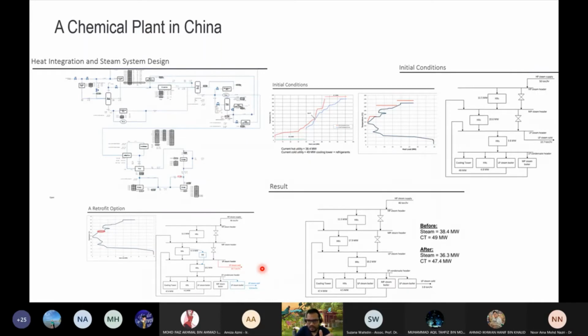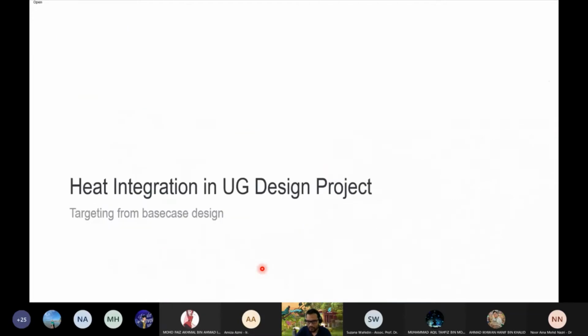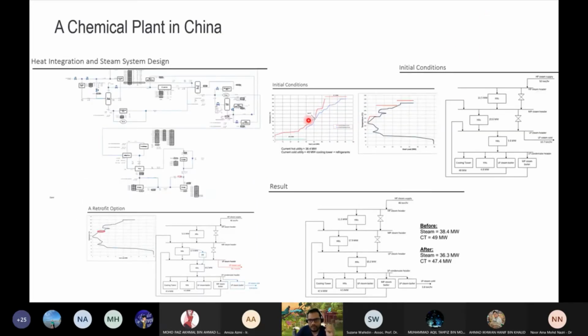So these are the three cases that I've been involved in. We can talk about this in a little more detail later if you want; you can ask me. But now let's go back to the main topic of why we are here: how to apply this. I've shown you what I've done in practice, where I showed you the composite curve and the grand composite curve.